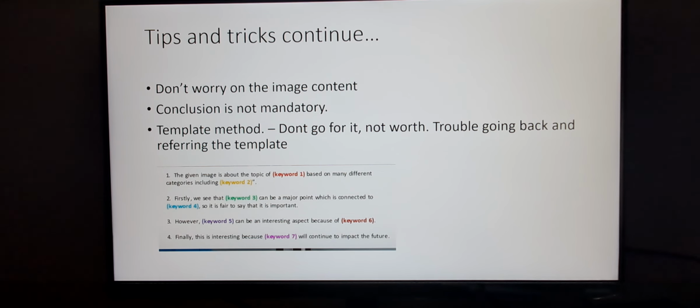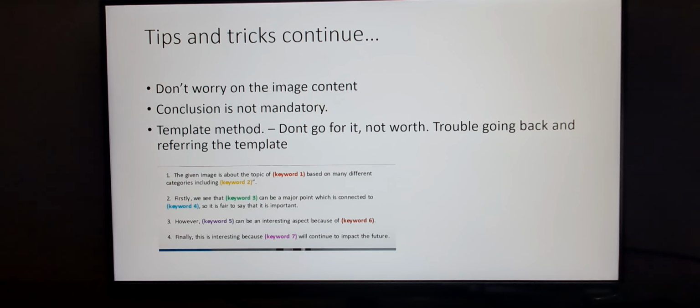It's not worth it, because there is a lot of trouble. You have to go back and forth every time. You have to look at the template, look at the keyword and say the sentence, putting that keyword in it. You may falter on that, and you have just 40 seconds to complete.